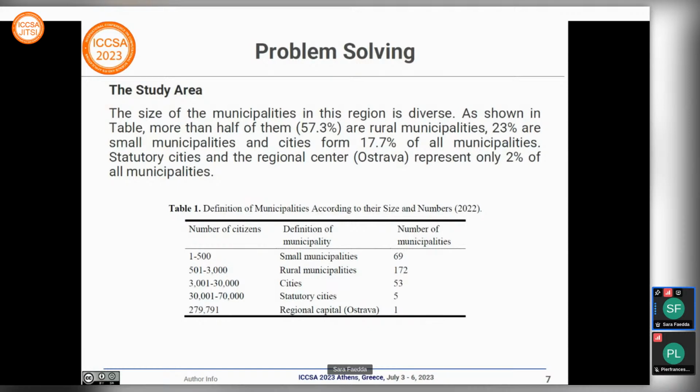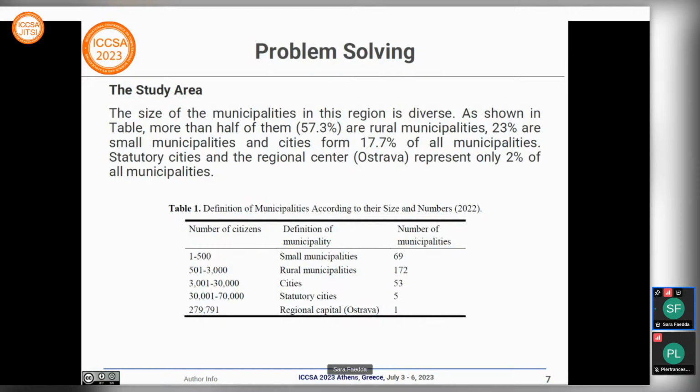So for that reason, we divided the municipalities according to their size. You can see this division in that table. So we have small municipalities till 500 citizens. It is about 70 the number.